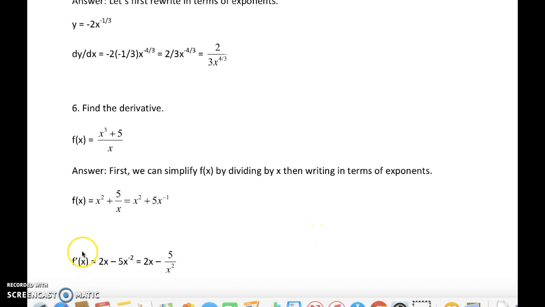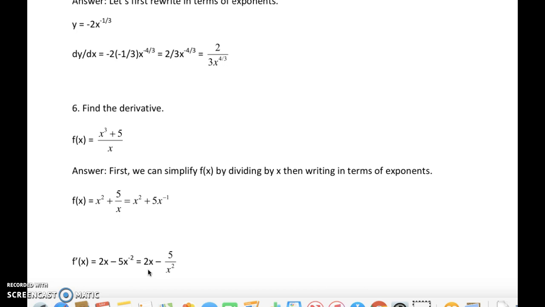And so once we get that, we can take the derivative piece by piece. So the derivative of x squared is 2x to the first, or just 2x. And minus 5, with a minus coming from the negative 1 here, x to the negative 2. And then from there we can rewrite it again with positive exponents.